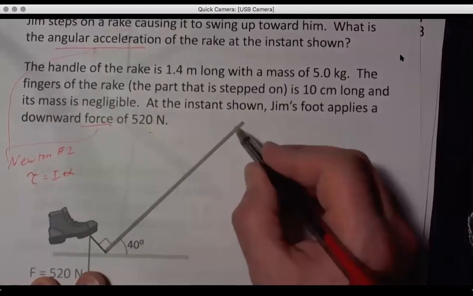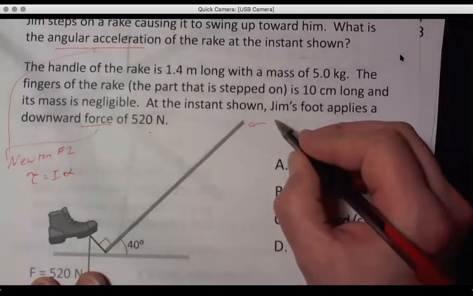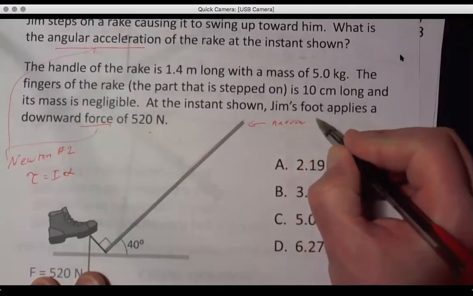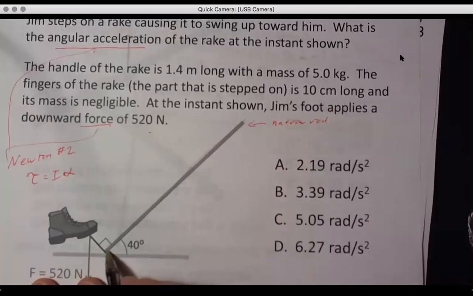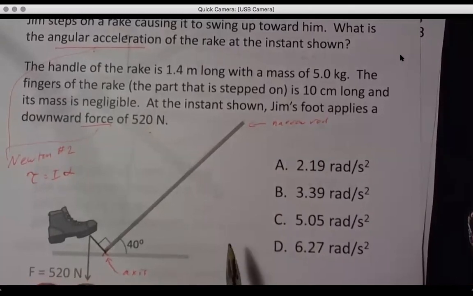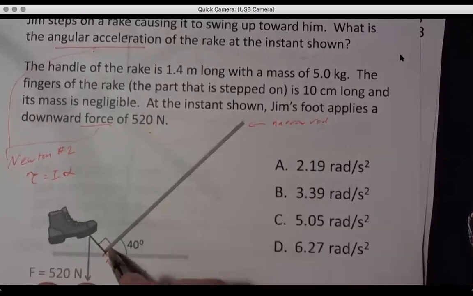This is the rake handle. That looks to me like a narrow rod. This is the point, that's the axis. And now we need the moment of inertia of this rod about the end.